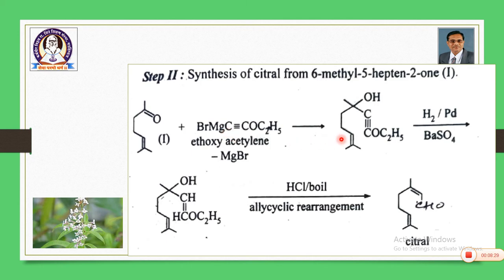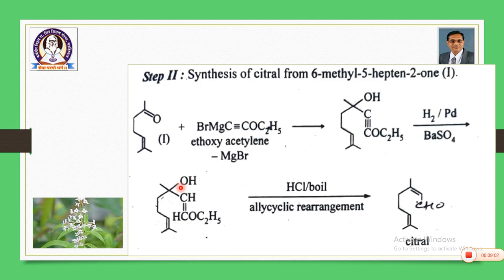This is again intermediate. We reduce it by using H2, Pd and barium sulfate. The reduction converts this triple bonded compound into a double bonded compound, and when we boil the reaction mixture in acidic medium, again allylic rearrangement takes place, then the excess portion is eliminated, C2H5OH is eliminated, and it is converted into CHO.